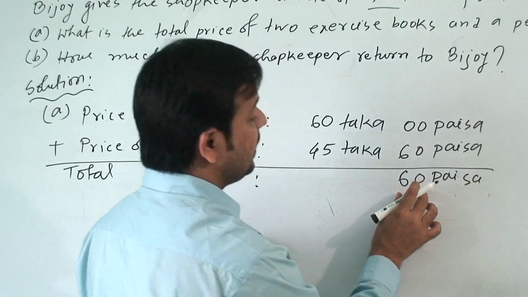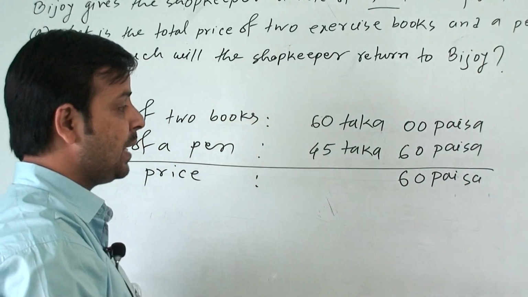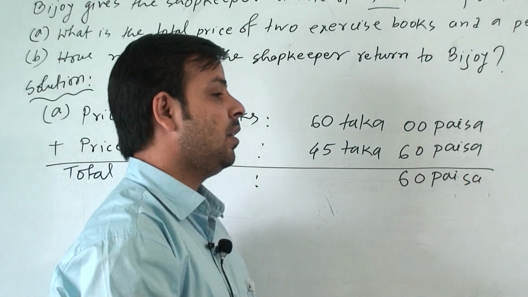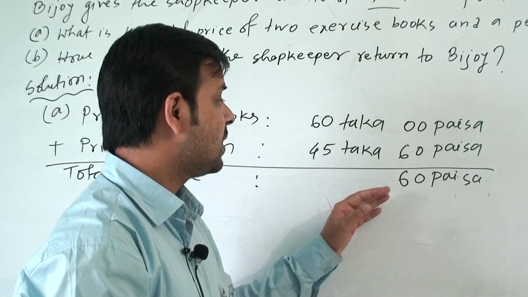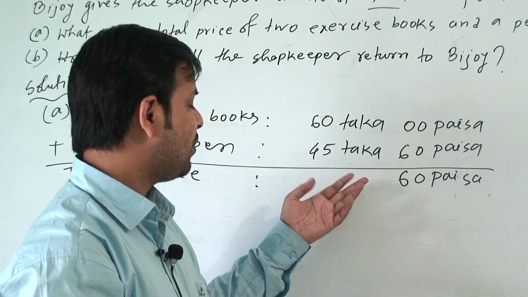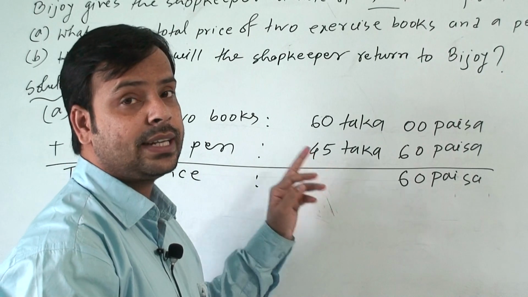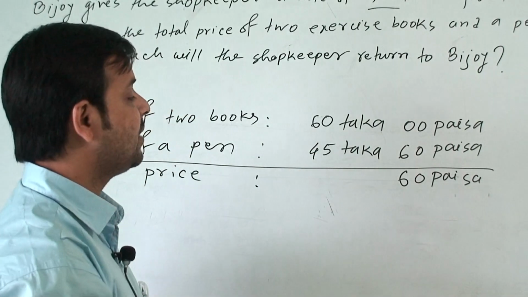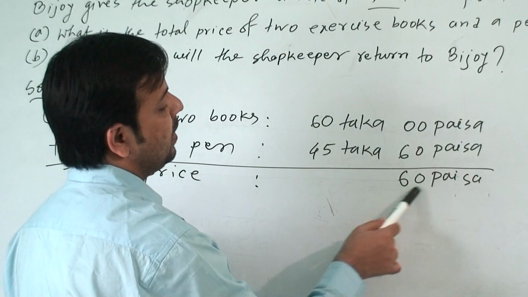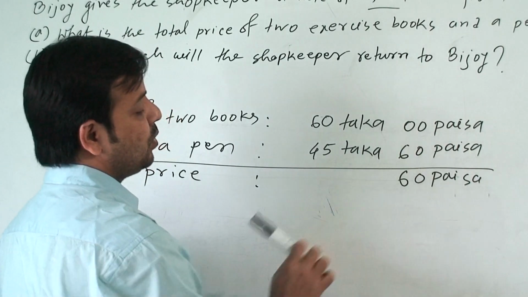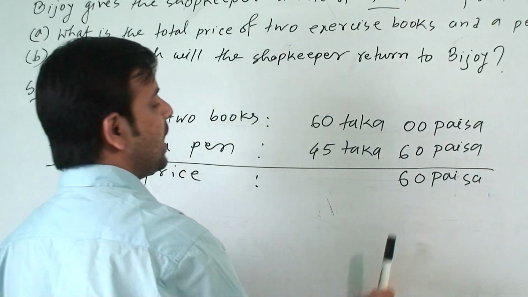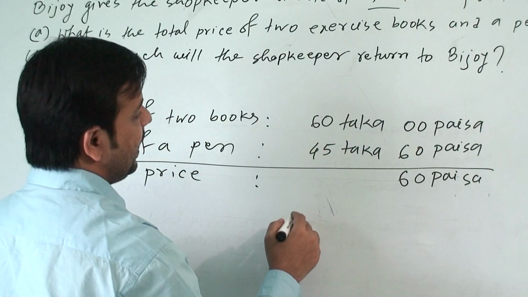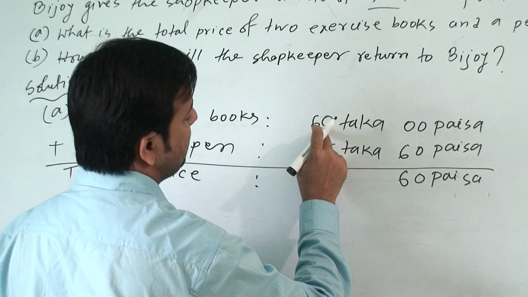If it is larger than 100, then we have to keep the money that is less than 100, and for each 100 we have to consider 1 taka, and add that with the taka. But here the number is 60. This is less than 100, so no need to do anything here. Just write this.